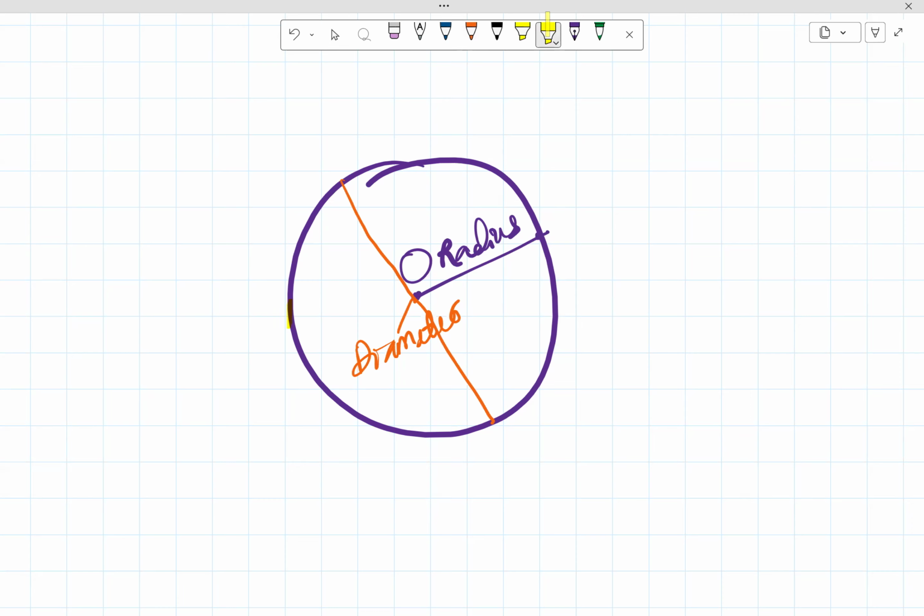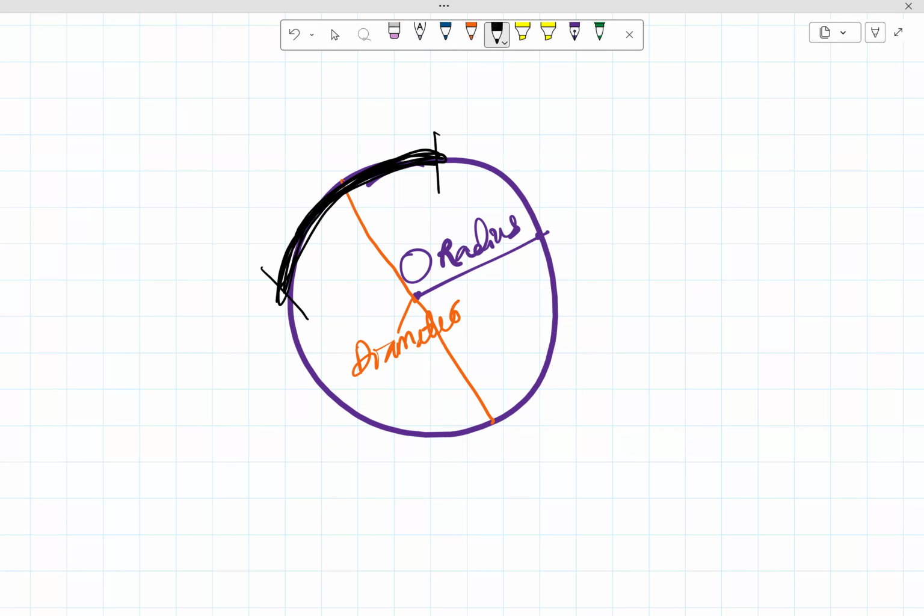Imagine that we emphasize this part of a circle now. Let me do it another way. Okay, let's go black now. So imagine if I get this portion out, this portion of the circumference of the circle.